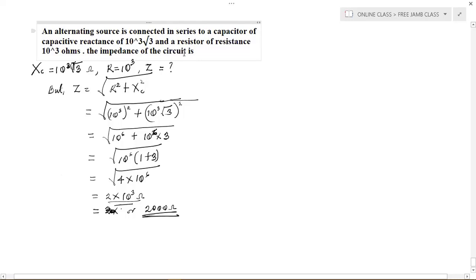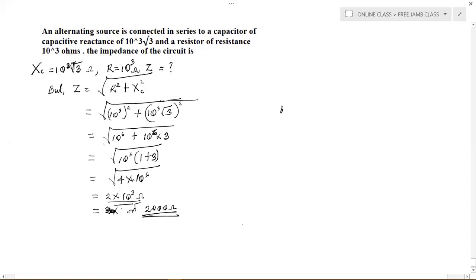The impedance of the circuit is dash. So XC is 10 raised to power 3 root 3 ohms. The resistance is 10 raised to power 3 ohms again. I didn't put the ohms there so that we can be happy.